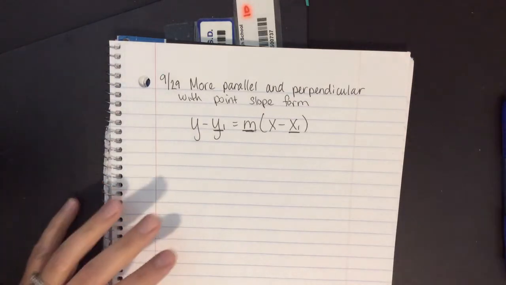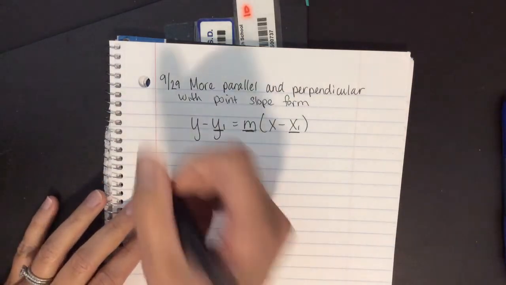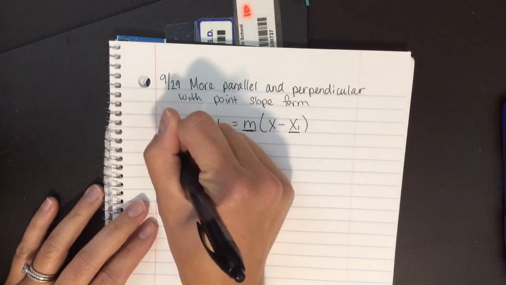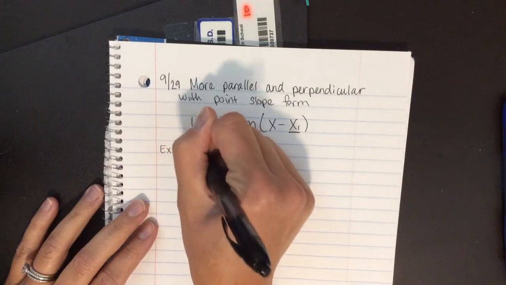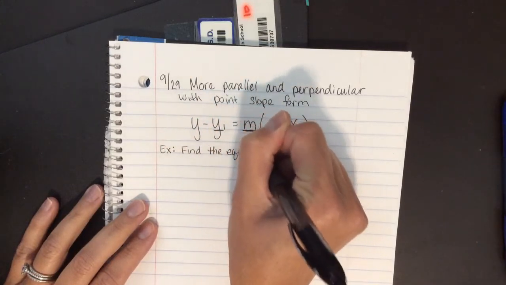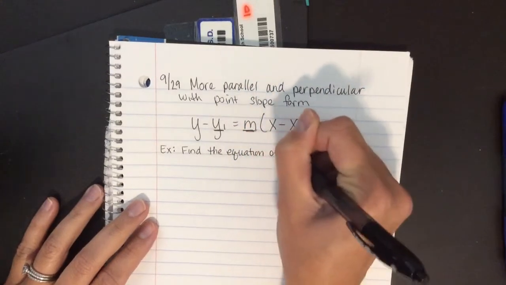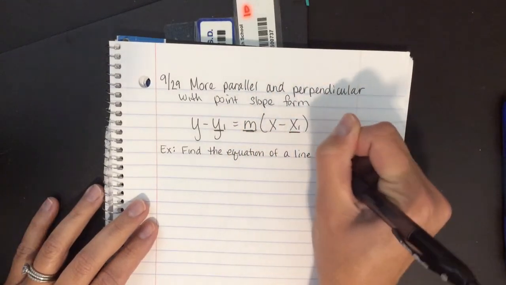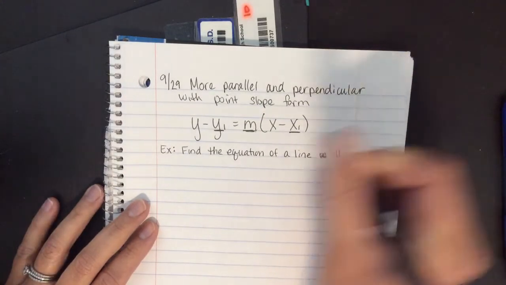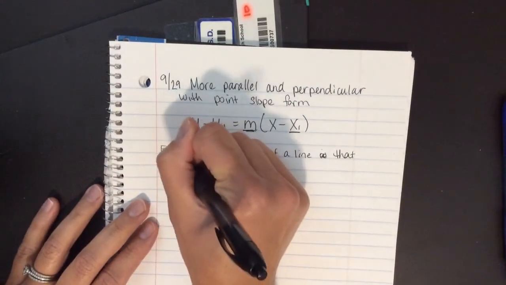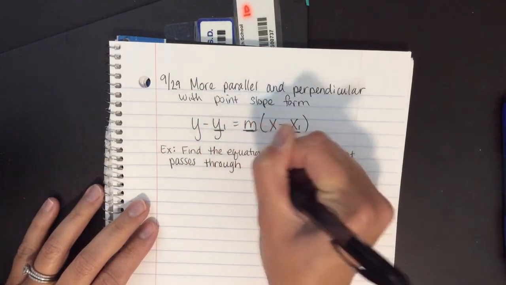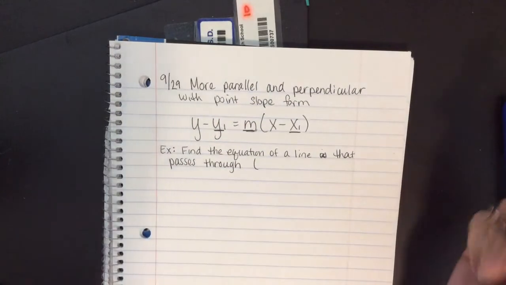The first thing, we're going to do examples. Like I said, we're going to work our way up a little bit. So example 1, find the equation of a line that passes through, sorry, I messed up. That passes through, and if I was at school, I would ask you to give me a point.